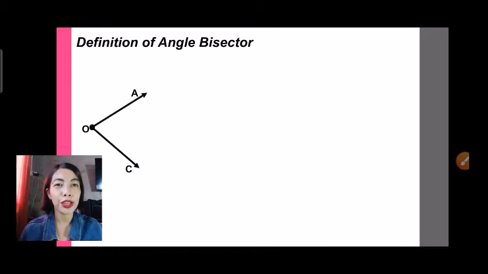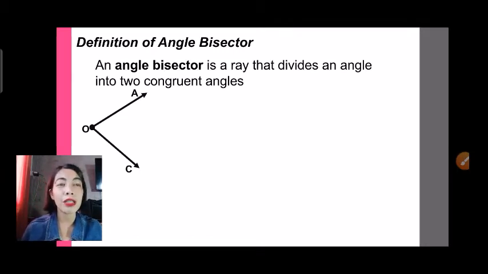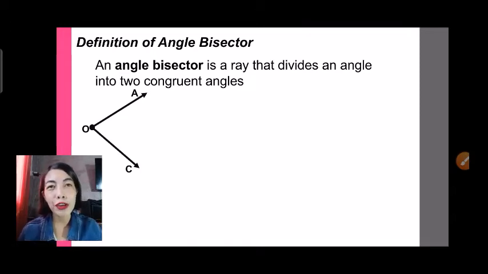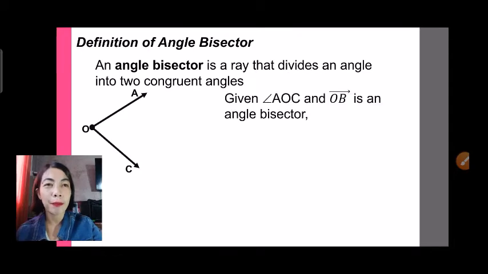Another definition included about angles is the angle bisector. An angle bisector is a ray that divides an angle into two congruent angles. Kanina, meron tayo segment bisector. Ito naman, angle bisector. An angle bisector is a ray that divides an angle into two congruent angles. So, meron tayo ditong angle AOC. And ray OB is an angle bisector.